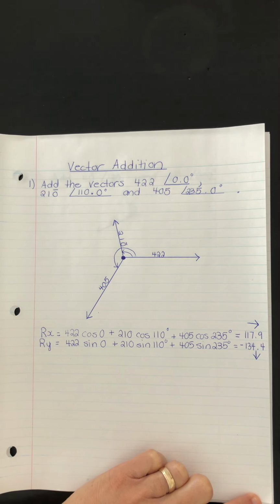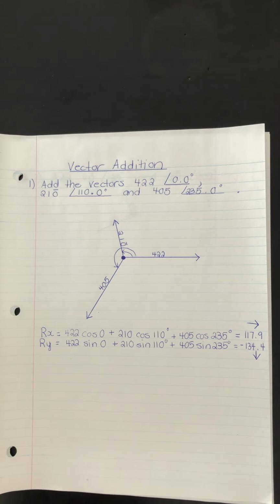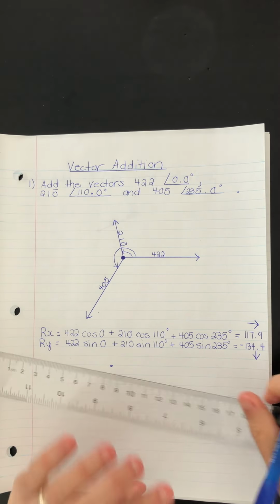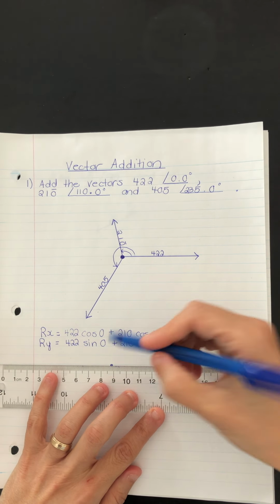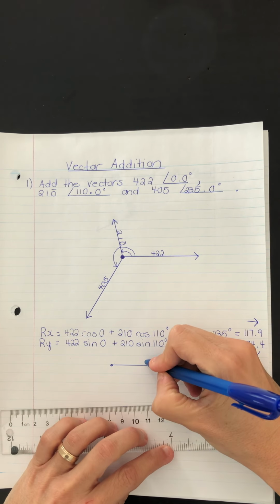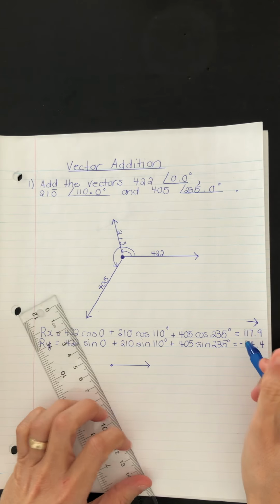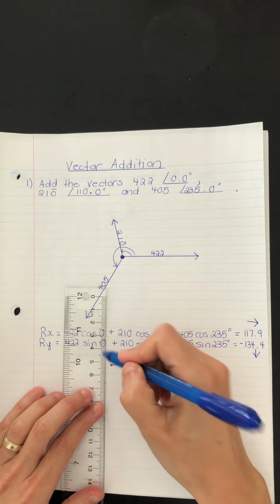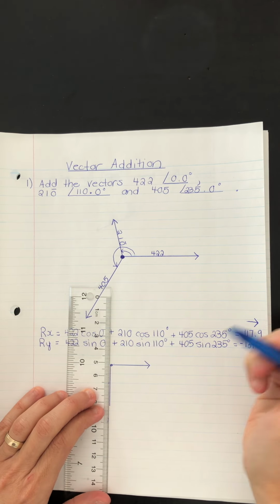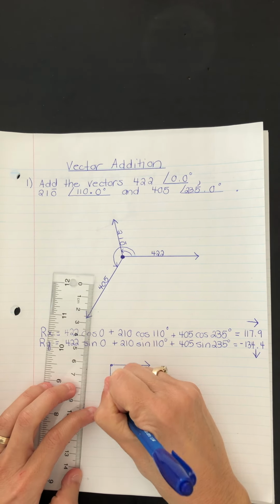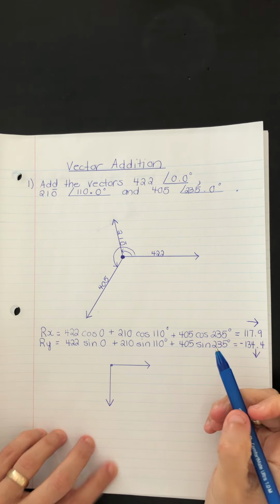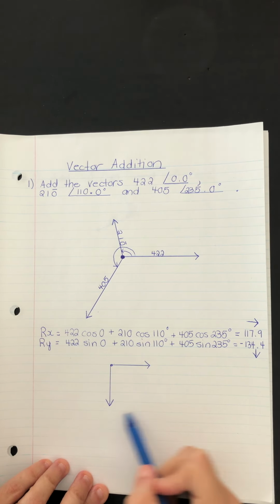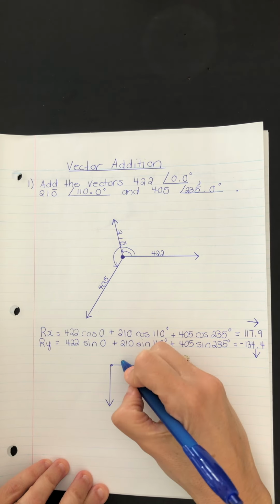So let's just draw this scenario. From a point, we need one line pointing to the right, and then a line that's a little bit longer, because this number has a bigger magnitude than this one, pointing down. Now, we no longer include any negative signs here. We're using magnitudes only.